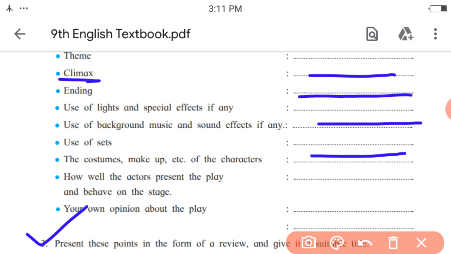The same way, now you have to present all these points in the form of a review, that is a short paragraph, and also you have to give a title to it or that play. So this is all about these three activities given in the English workshop of the lesson, the past in the present.